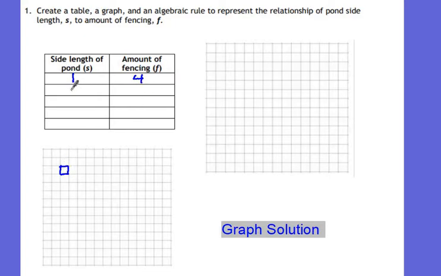If I had a 2 by 2, so this is a 2 by 2 square, the amount of fencing I would need, 1, 2, 3, 4, 5, 6, 7, 8.